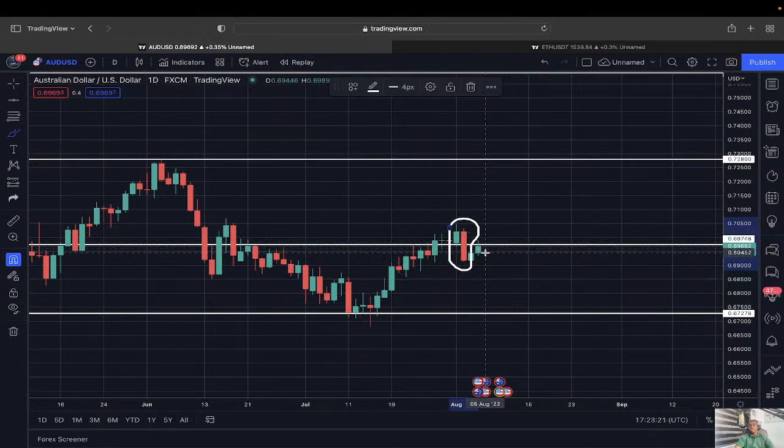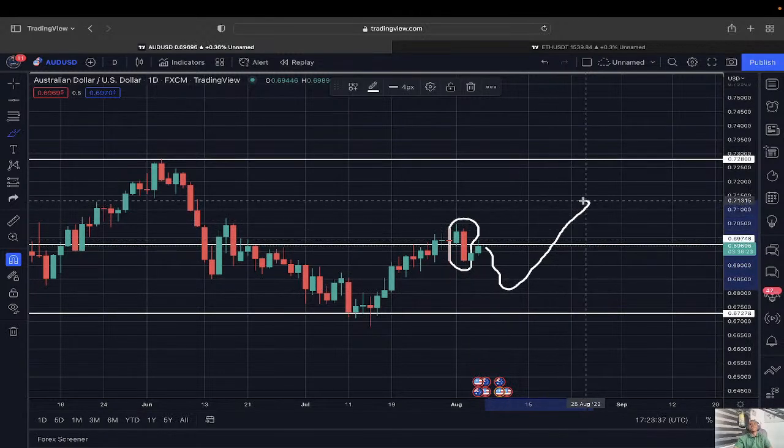So it might be that tomorrow or Monday there might be a drawdown, a pullback of price again before price decides to keep going higher.